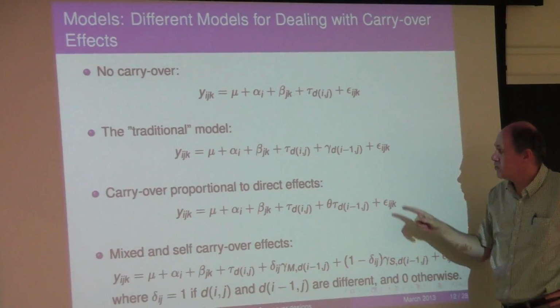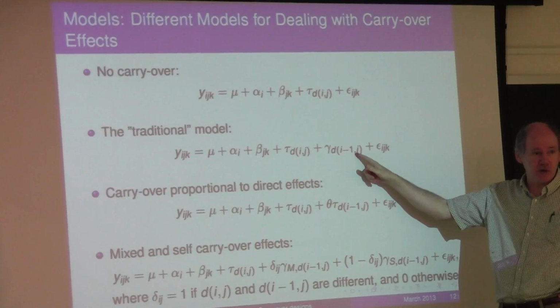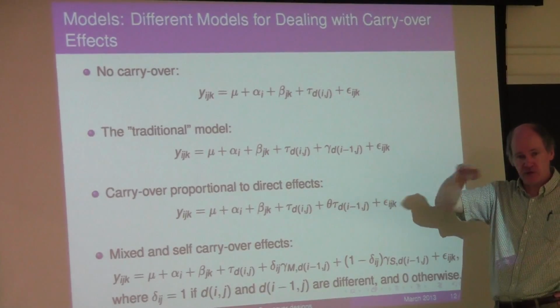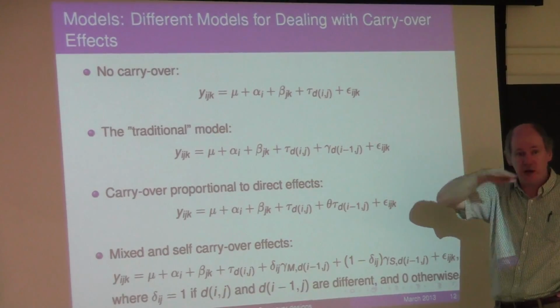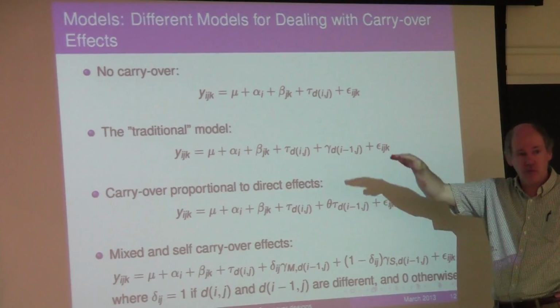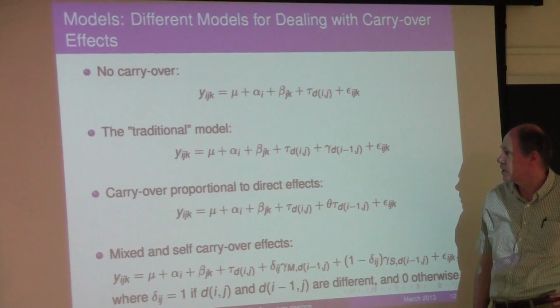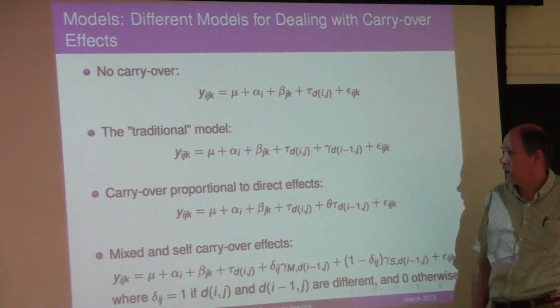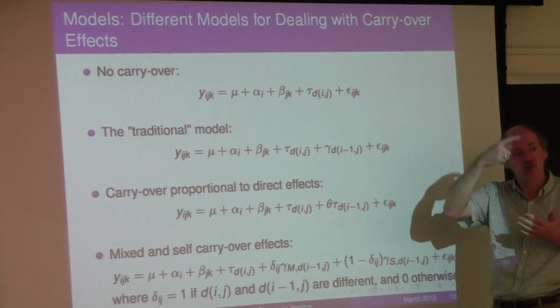So it has the carryover effects from the previous period. Where in the first period, for those observations, there is no carryover effect, because there was nothing before the first period. So observations in the first period have no carryover effect, but observations in later periods have this carryover effect from whatever the treatment was that was given in the previous period.